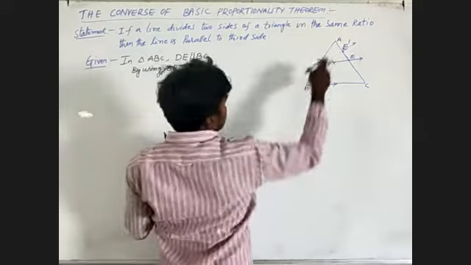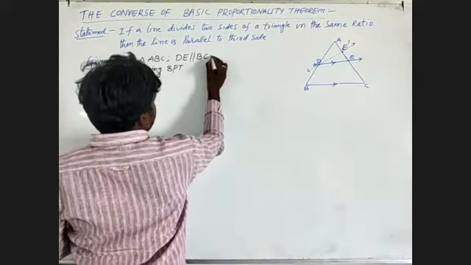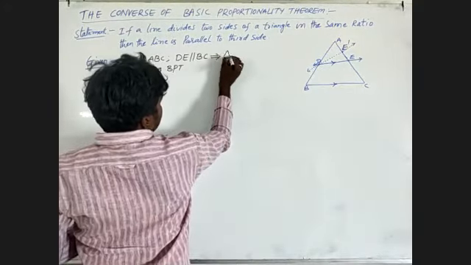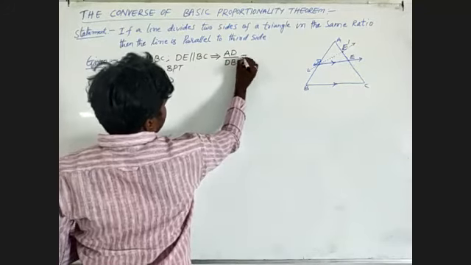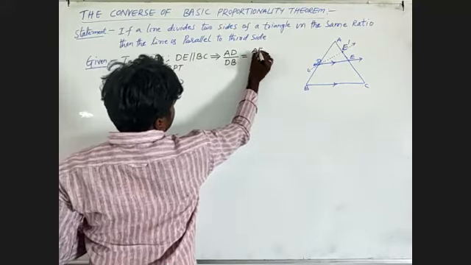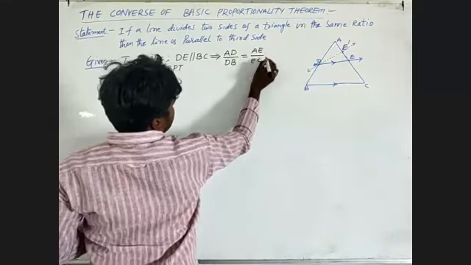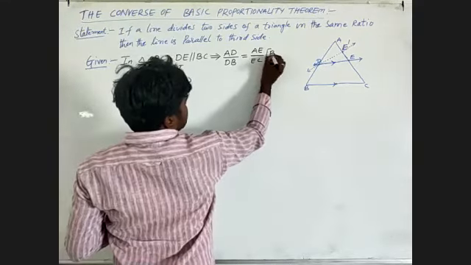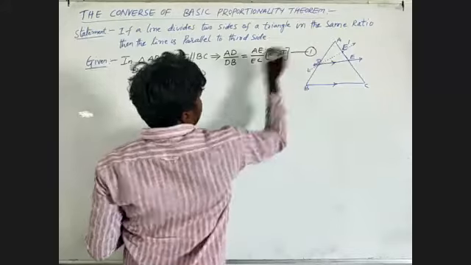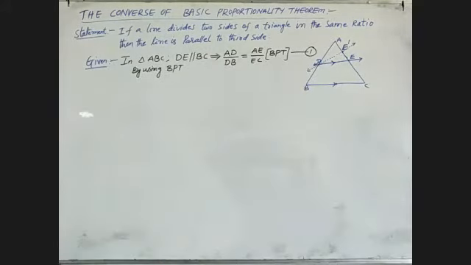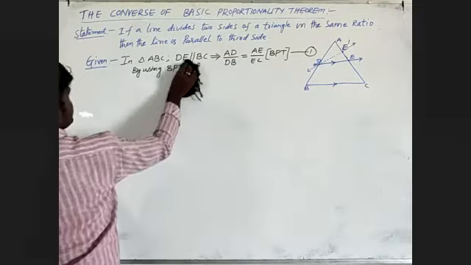What I have to write here is AD by DB must be equal to AE by EC, by using the basic proportionality theorem. This is equation number 1.